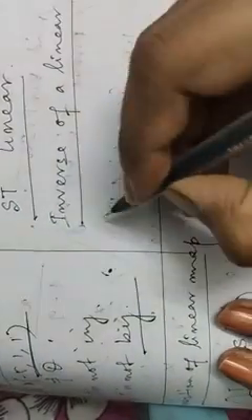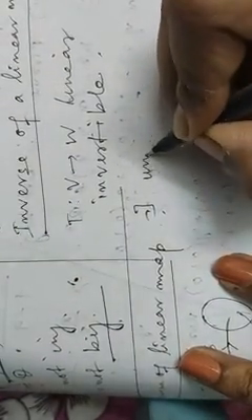If T from V to W is a linear mapping, we will say this is invertible, or the inverse exists, if there exists a unique linear mapping S from W to V, such that the domain and codomain are interchanged with the inverse mapping.